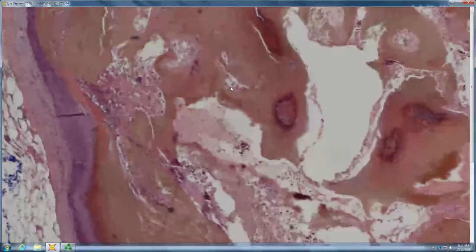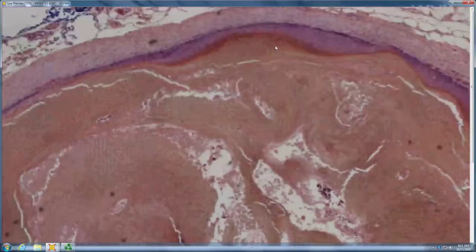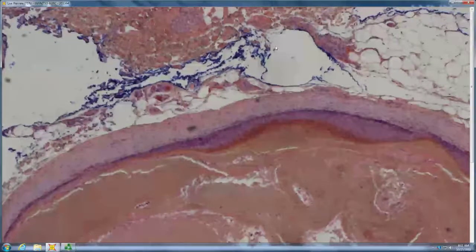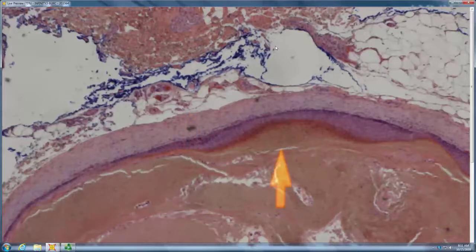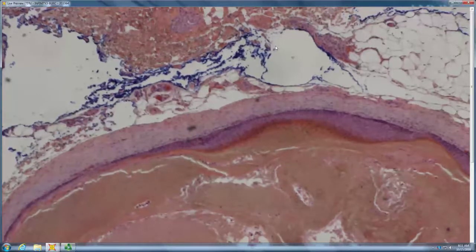So pilomatricoma. Why pilomatricoma? Ghost cells in there. So there are ghost cells, correct. So shadow cell or ghost cell keratinization of the basaloid epithelium. So pilomatricoma. Multiple of those most commonly associated with?